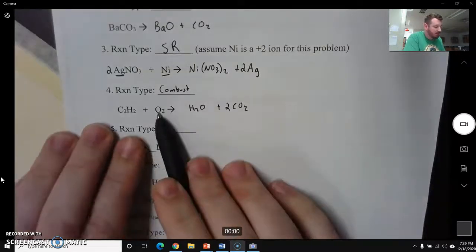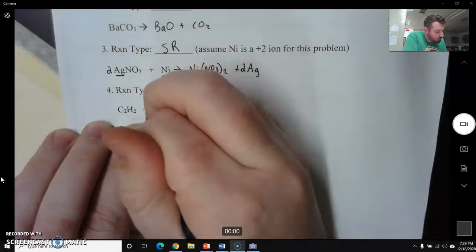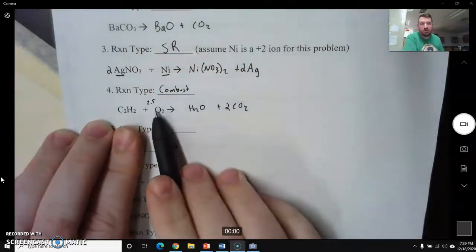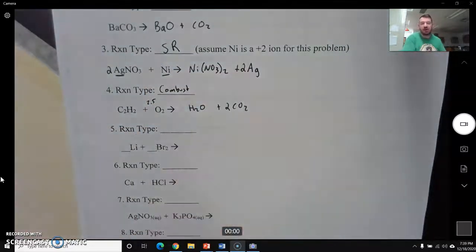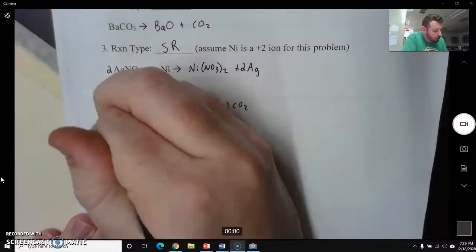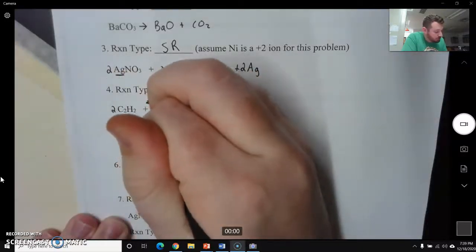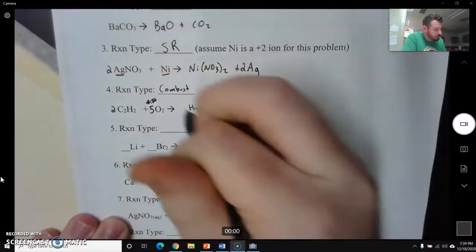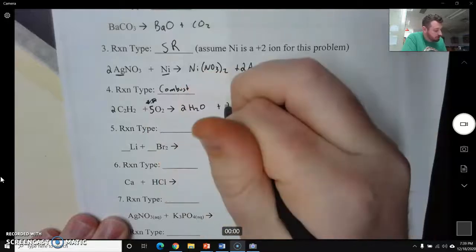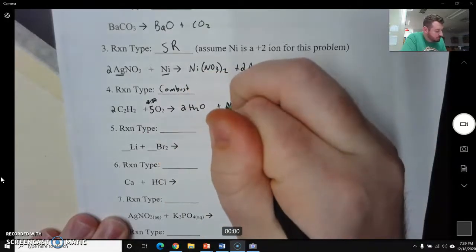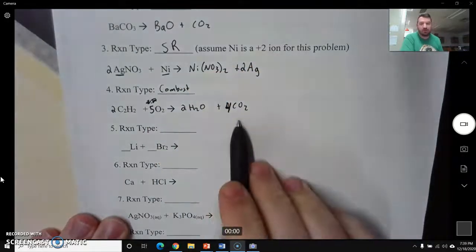Right, so that 5 gets me to a 2.5 in front of the O2, but we can't do that, right? We can't have fractions or decimals in our coefficients, so our trick that we discussed in class is to multiply everything by 2. So if I multiply all my coefficients by 2, I end up with 2, 5, 2, and we're going to turn this 2 into a 4, okay?